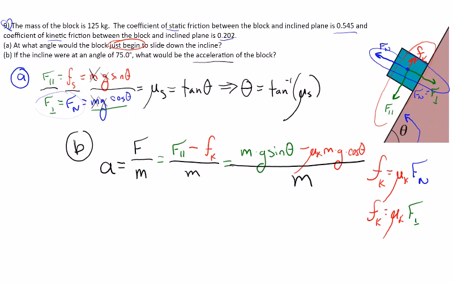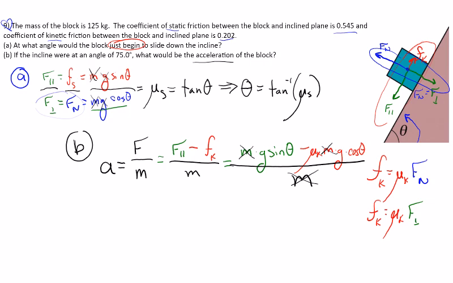Now, if I take mg sine theta divided by m, the m's will cancel. If I take mu k mg cosine theta divided by m, the m's will cancel. Since there's an m in both terms, I could factor it out and cancel it.